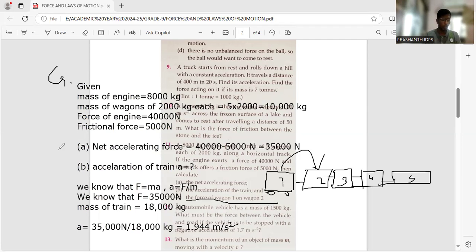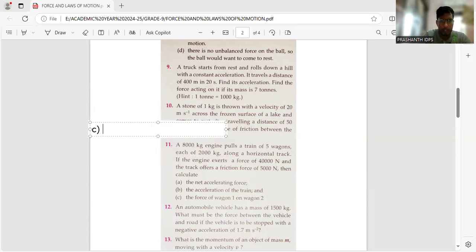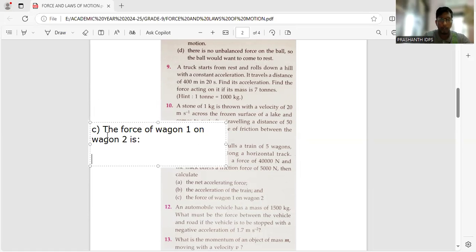Okay. So now we need to find out the force. Note it down. We need to calculate the force of wagon 1 on wagon 2. So first we write force.